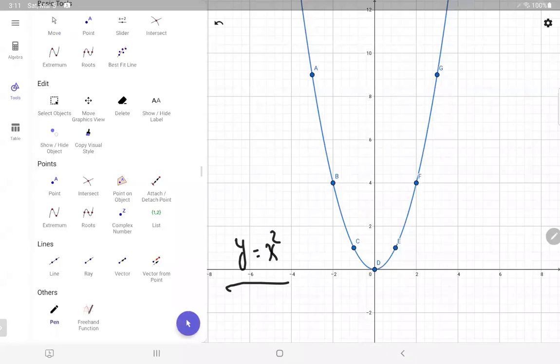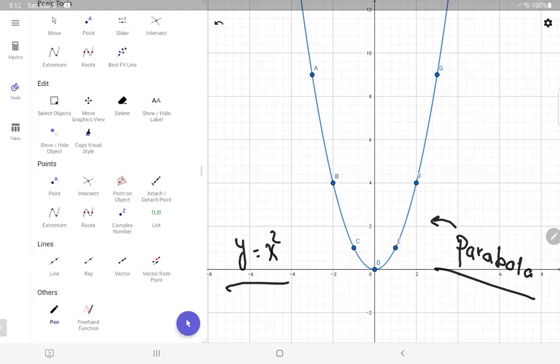We call it parabola. We call it what? Parabola. If you try to graph any quadratic equation or function, you will be getting something close to this guy, the parabola, okay? So the first thing we need to know is the name, which is parabola.